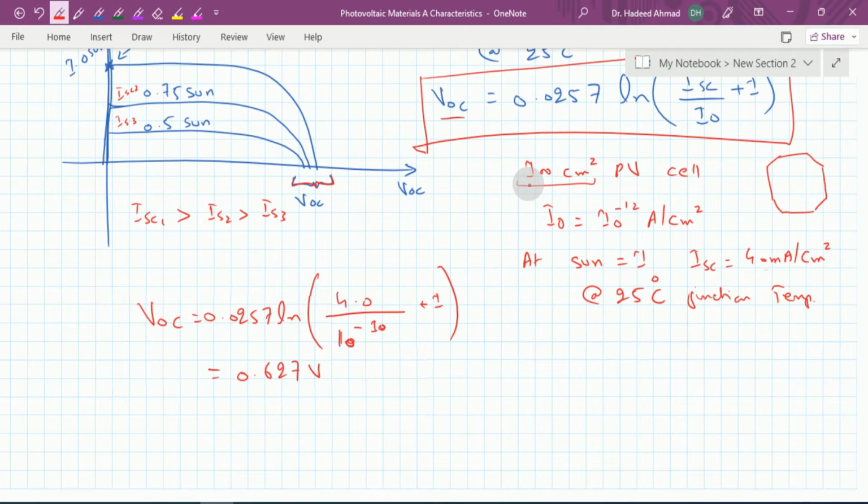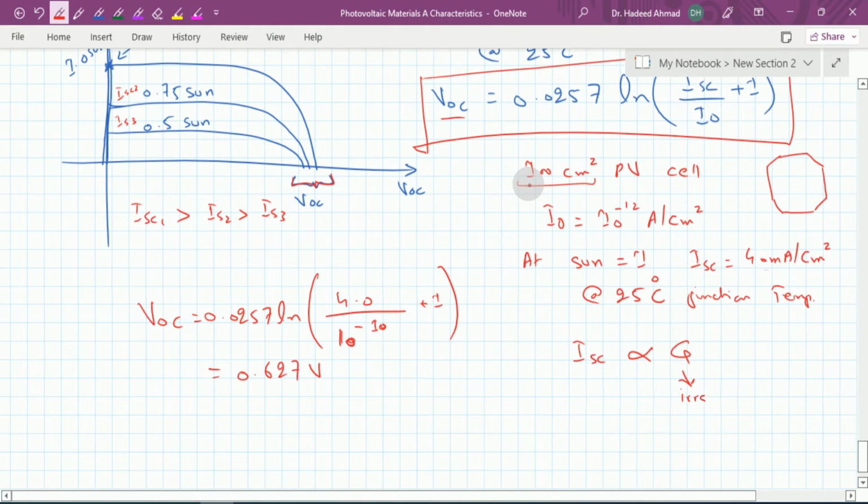Now let us say that we have the sun, the irradiance is practically half. So if the sun is half, and we have earlier seen that this ISC is proportional to the amount of irradiance G, where G is the irradiance here. So at 0.5 sun, the straightaway effect is on this ISC value. So this ISC becomes equal to 2 ampere.